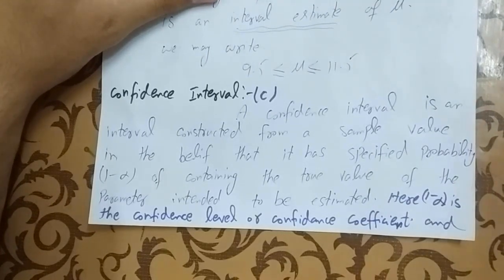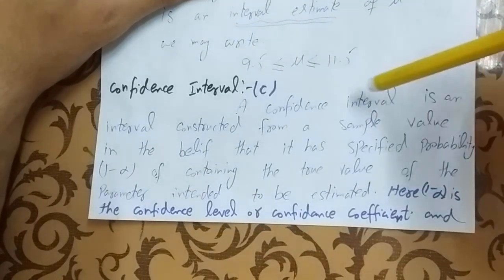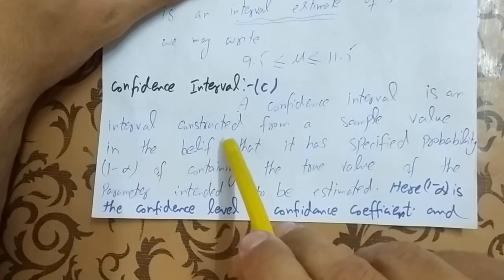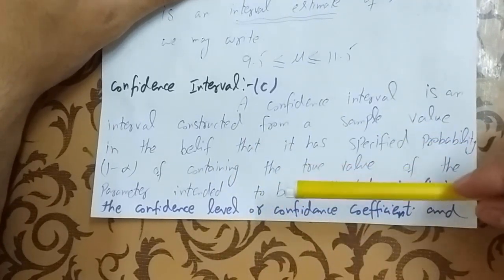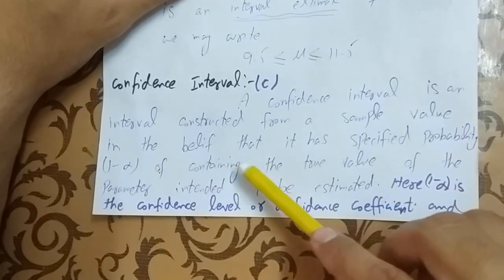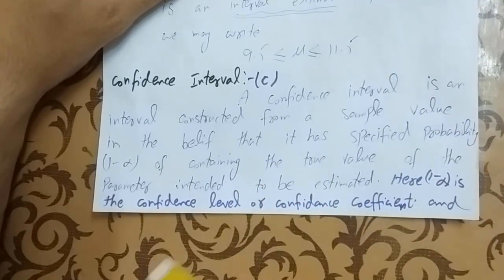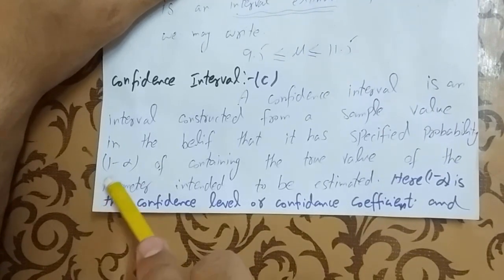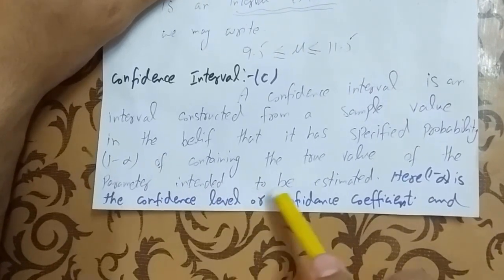Confidence interval means where the answer to that problem lies. We use sample values, not the population, in the belief that it has a specified probability. It takes the probability 1 minus alpha of containing the true value of the parameter intended to be estimated.